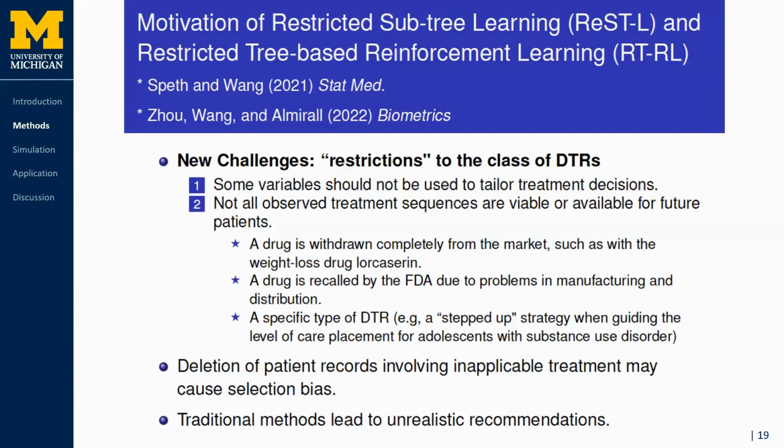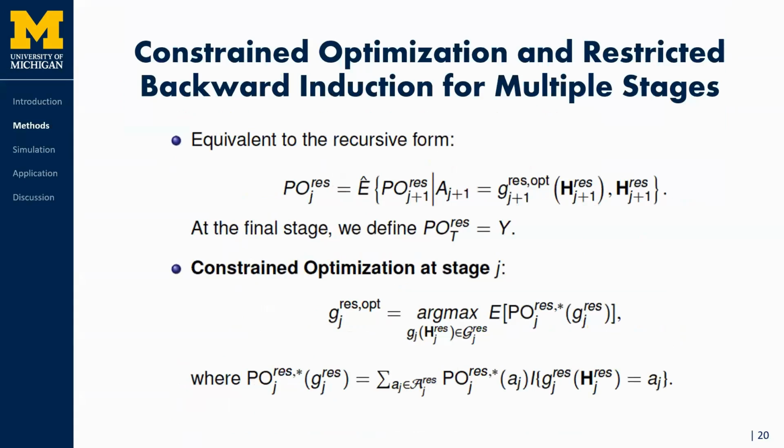We found that if you simply delete the patient records, first of all, that will cause a selection bias. Or if you restrict certain paths from going through, that doesn't work either. When you have a recursive form for your pseudo outcome definition, you need to consider the estimation within the restricted space.